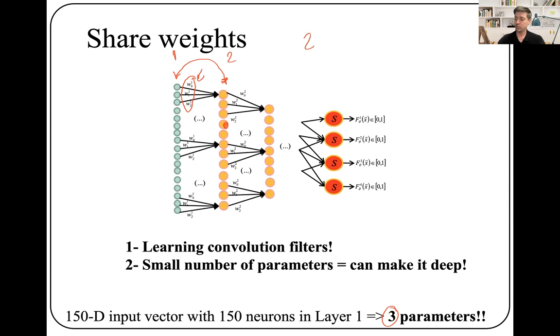So we went from 22,500 to 450, and now we're down to 3. Okay, it's quite a jump. So because we have so few parameters, it means that we can actually have networks that are very deep, because there's less danger of overfitting our training data.